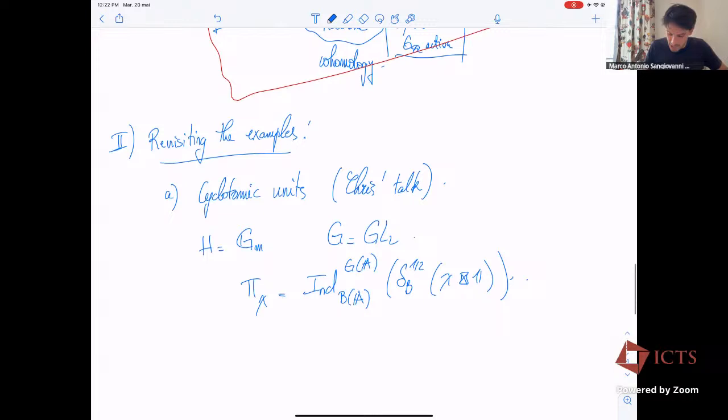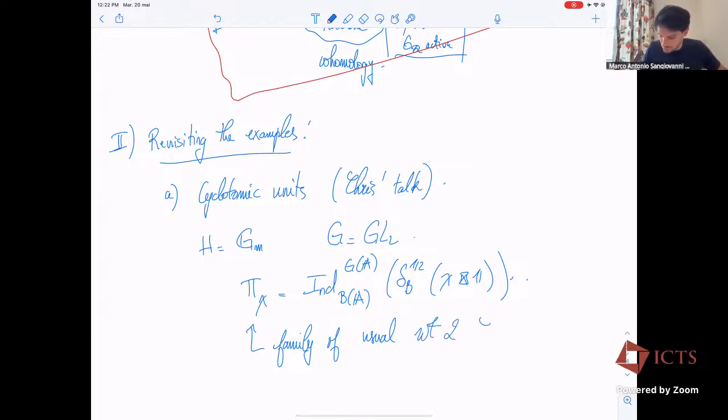So this is a family of usual weight 2 Eisenstein series.